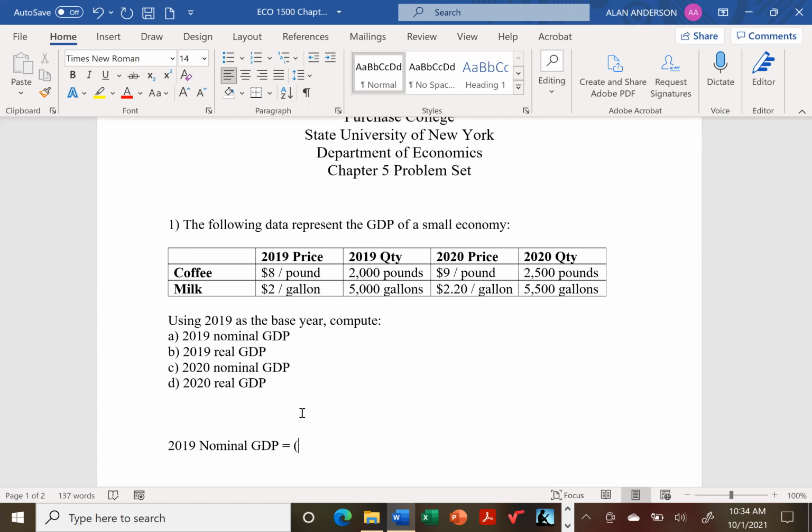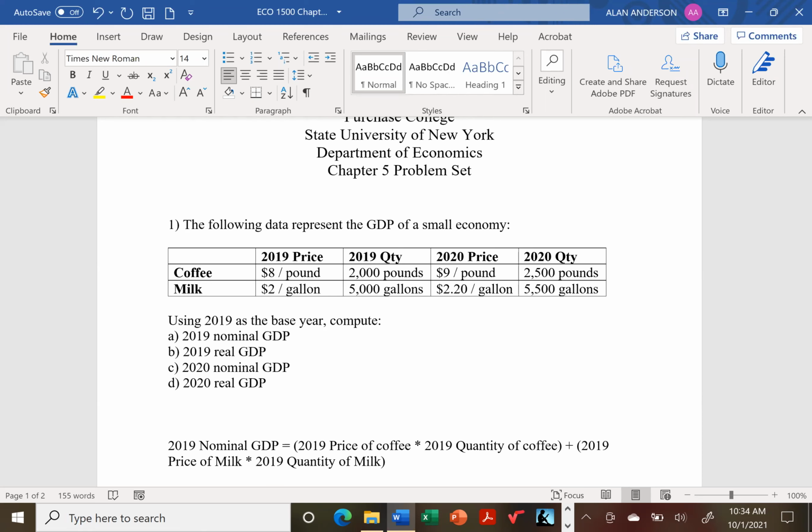In other words, it'll be 2019 price of coffee times 2019 quantity of coffee plus the 2019 price of milk times the 2019 quantity of milk. So that's the basic logic. That's going to be true for any year.